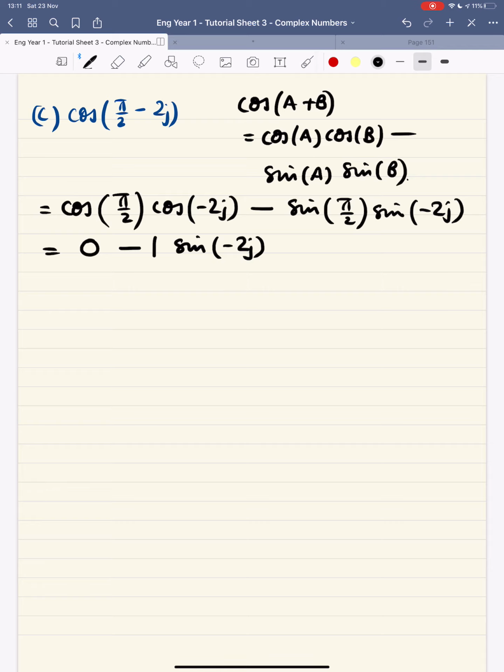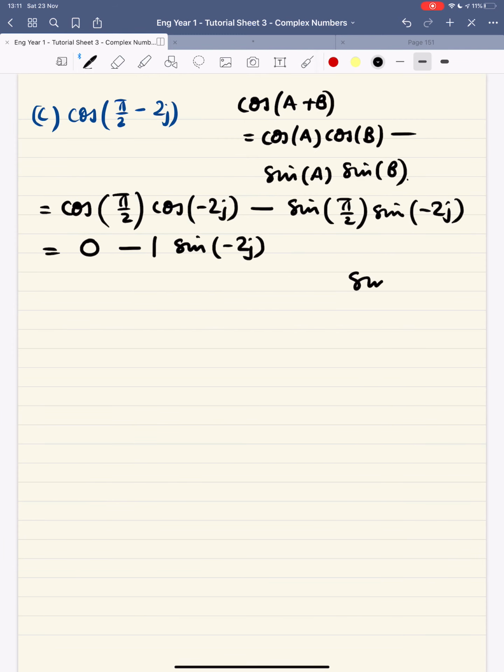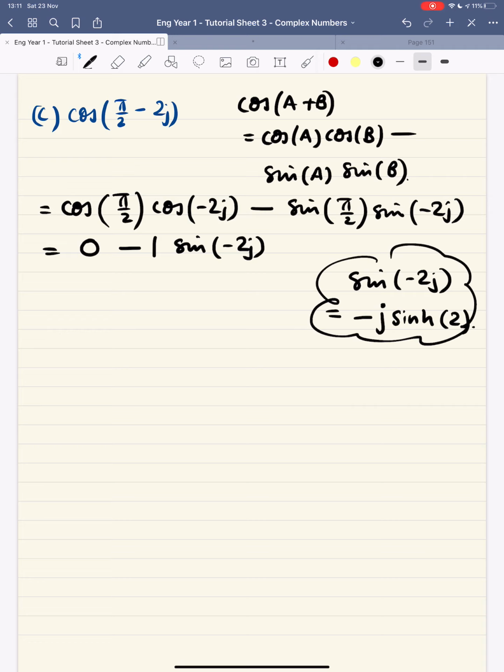And sine of minus 2j is, just remembering this one, minus j hyperbolic sine of 2. That's what we use here. So this is going to be j hyperbolic sine of 2.